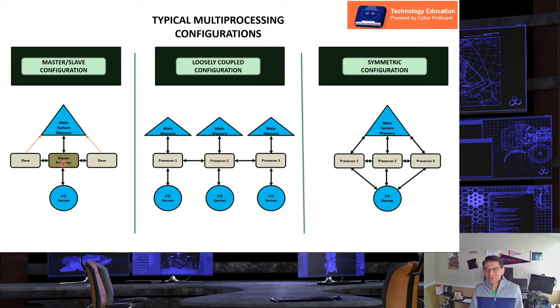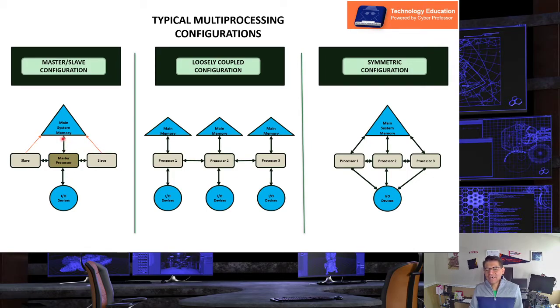And the master processor is the one giving jobs or assignments to the slave processors, and then the slave processors have the ability to send back the output to the system memory. But they cannot get any instructions from the system memory directly. Everything has to go through the master processor.